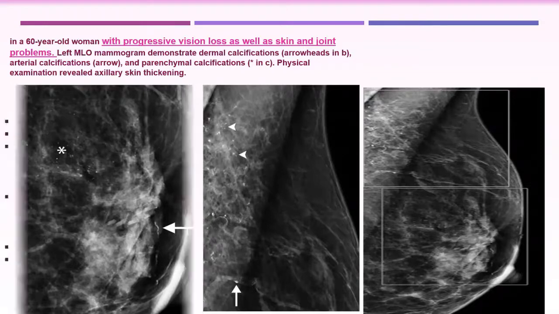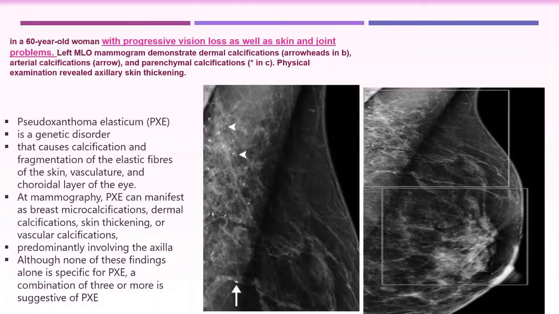Okay? These combinations are seen with a condition called pseudoxanthoma elasticum. It's a genetic disorder. You cannot suggest it unless you have these combinations. She has choroidal layer involvement of the eye along with the skin changes and these multiple calcifications. You got it? Without this combination, it will not come to your mind to put it in the differential diagnosis.